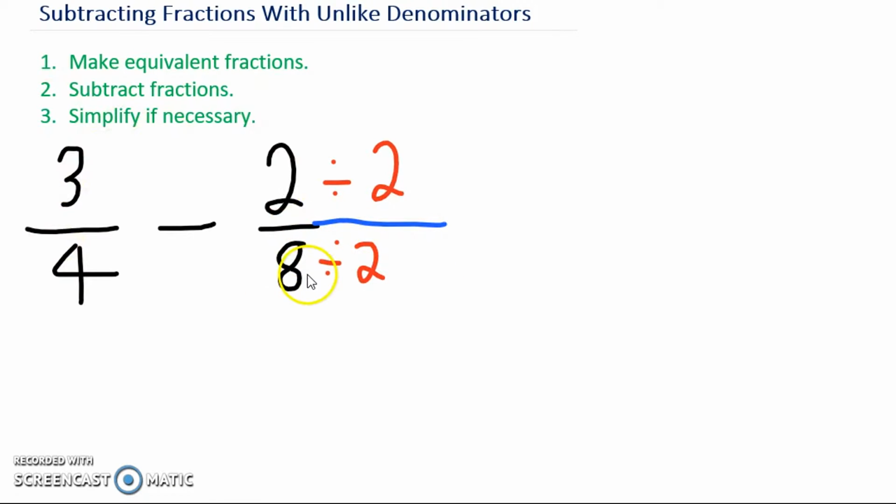And whatever we do to the denominator, we also have to do to the numerator. So 8 divided by 2 is 4, and 2 divided by 2 is 1.